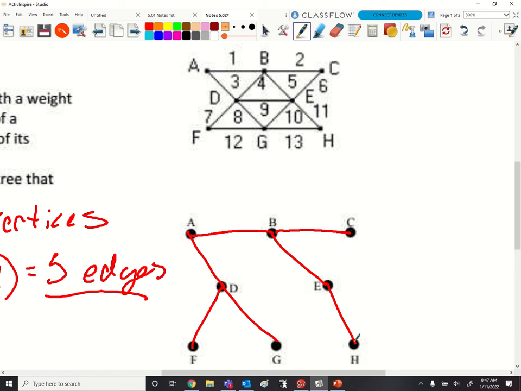So the cost would be, let me see, we have 1, 2, that is 3, 6, plus that is 13, and then we have 8, which is 21, and then we have 5, which is 26, and then we have to H, which is 37.